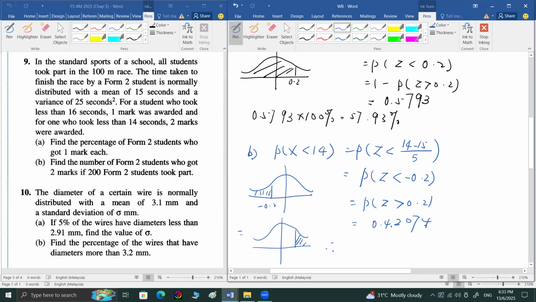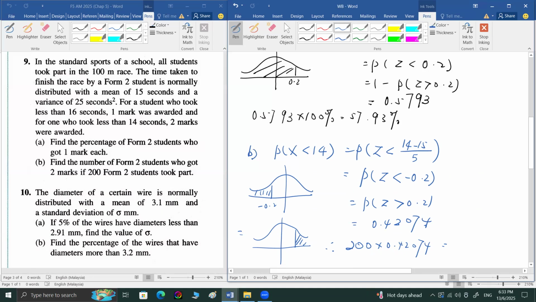No. The question didn't ask to change to percentage, sorry. The question said find the number, not percentage. Find the number of Form 2 students who got 2 marks if 200 students took part. So if 200 students took part, you multiply with the probability. If percentage, you make it 42.07.